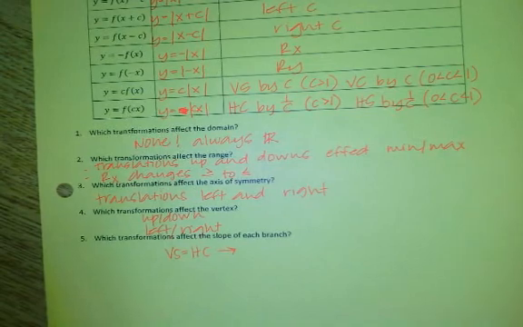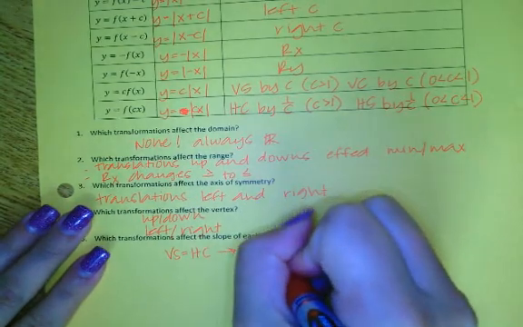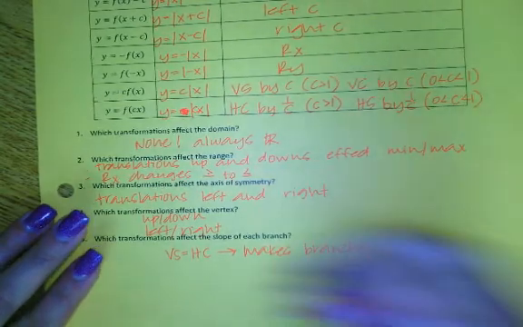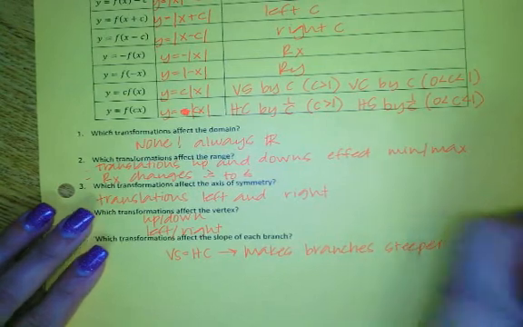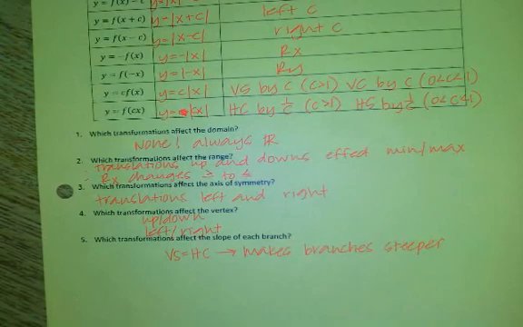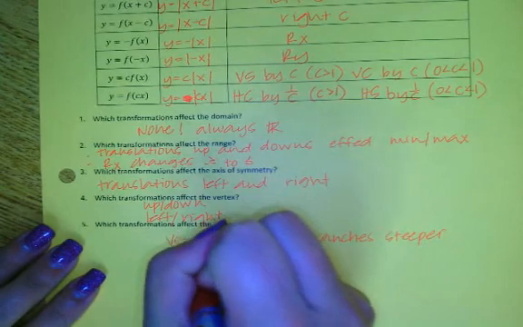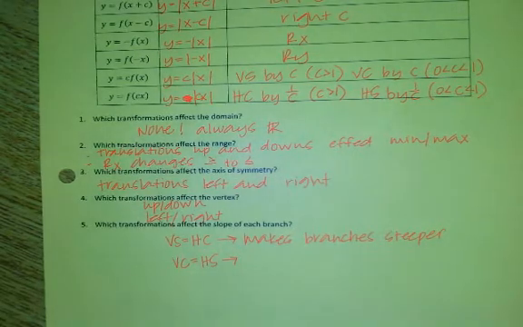So if I have an image like this and I stretch it to now this, are my slopes greater or smaller? Greater. Okay, so it makes the branches steeper. When we talk about slope, to say greater, we say steeper. That just means that incline is getting real steep. And vertical compressions were equivalent to horizontal stretches. And what happens then? Bigger slope, less steep. Very good.